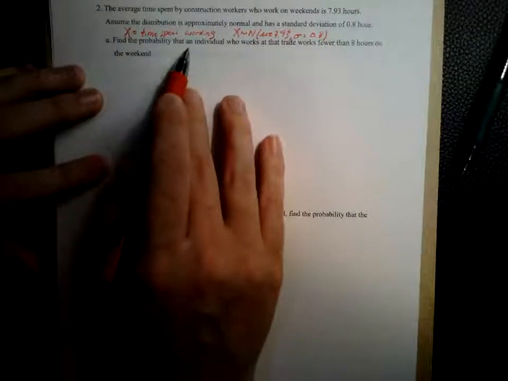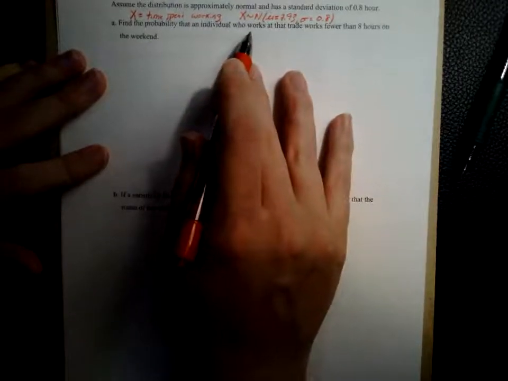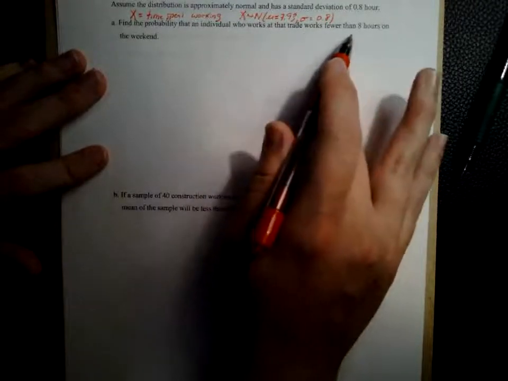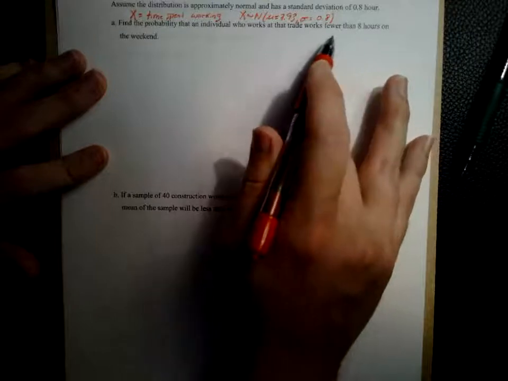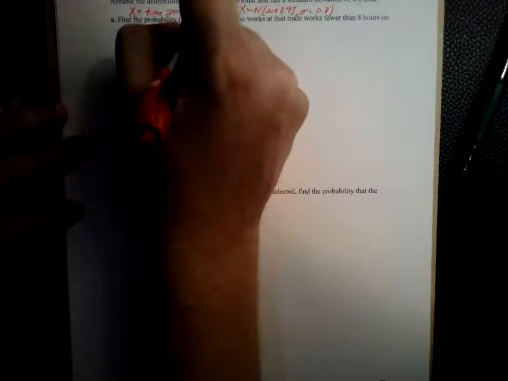Now let's look at the first part. Find the probability that an individual who works at that trade works fewer than 8 hours on the weekend. It doesn't say find the probability that they work on average fewer than 8 hours. It just says works fewer than 8 hours. That means we're interested in the probability of x being less than 8.